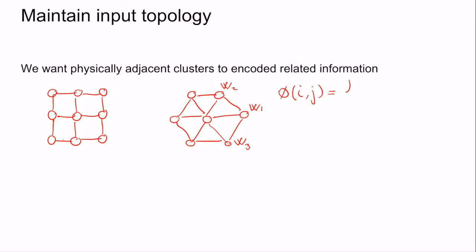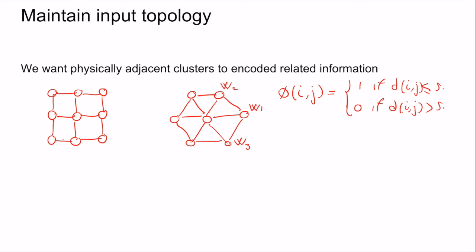So one common neighborhood function is the following. We have 1 when the distance between neuron i and neuron j is smaller than a certain value, maybe r, and 0 if this distance is larger than r.